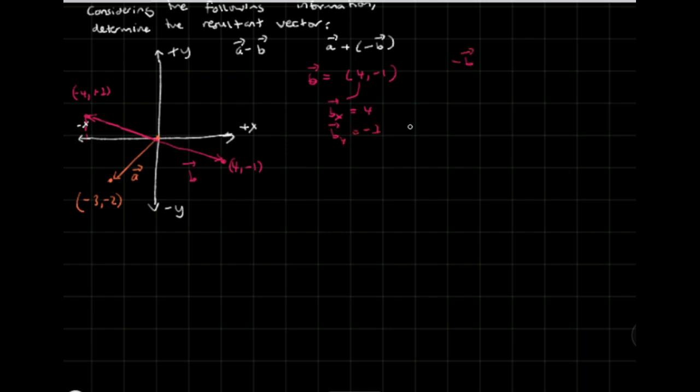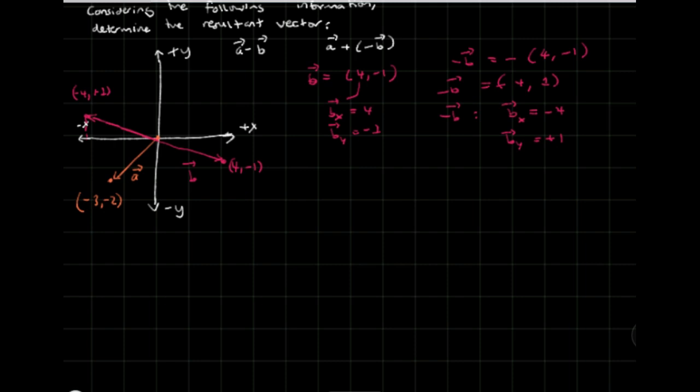Negative B should be the negative values of these components, so you do scalar multiplication of this vector and you get negative 4 and positive 1. So negative vector B has these coordinates, where the x component is negative 4 and the y component is positive 1.